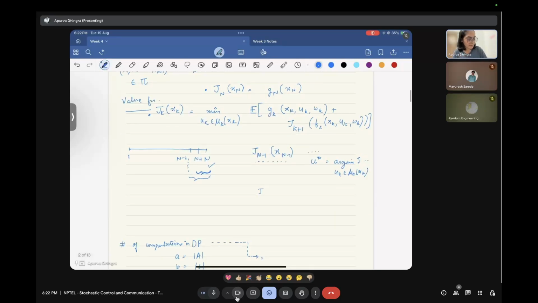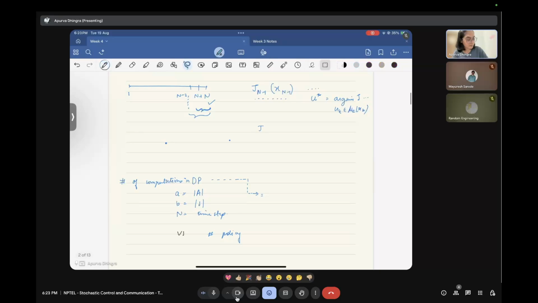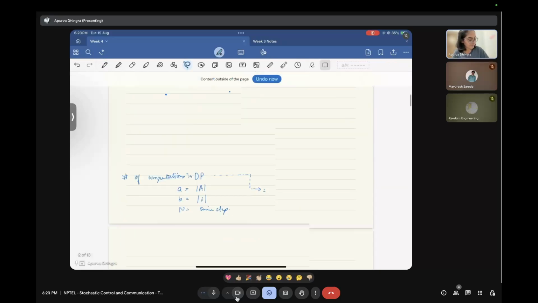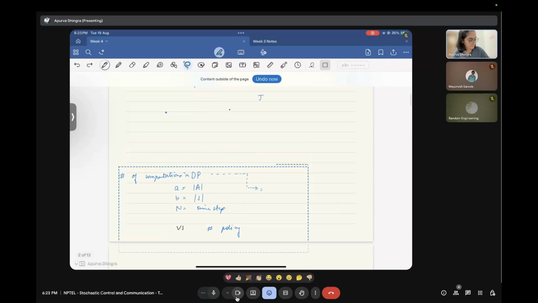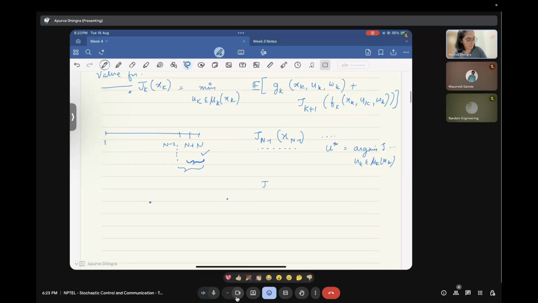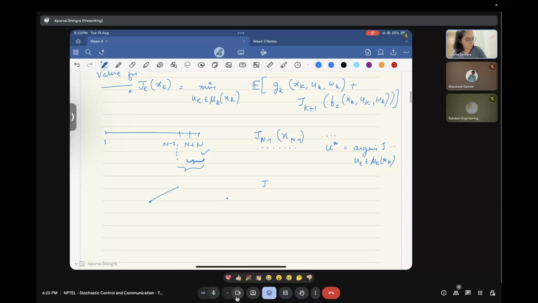So if you recall the example that I gave earlier of going from one point to another, all we are doing here is saying, if this is my x_n, I take one step back and see where I would have been one time step before to finally end up in B. So I look at those states and then I calculate this value function for all of them.